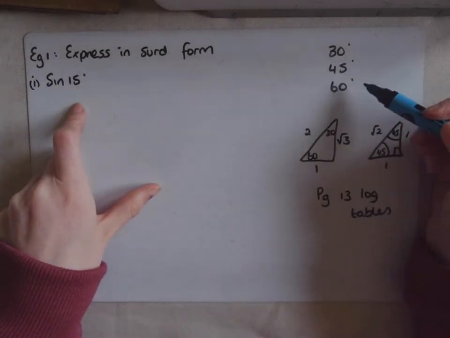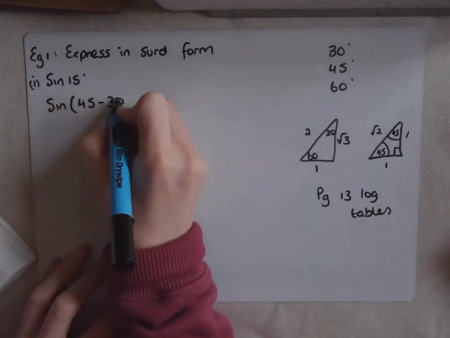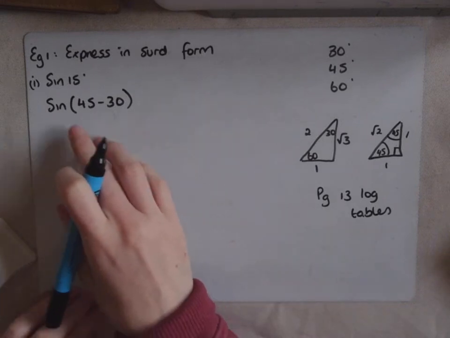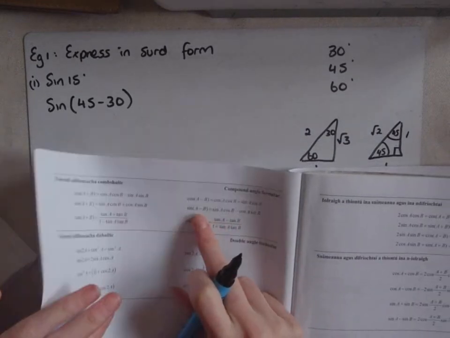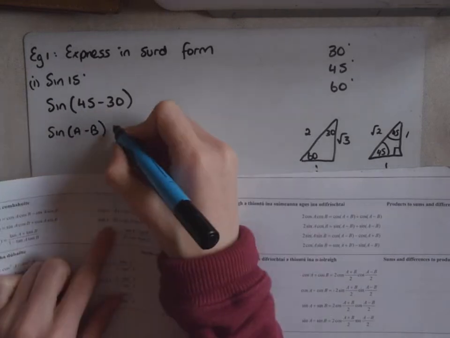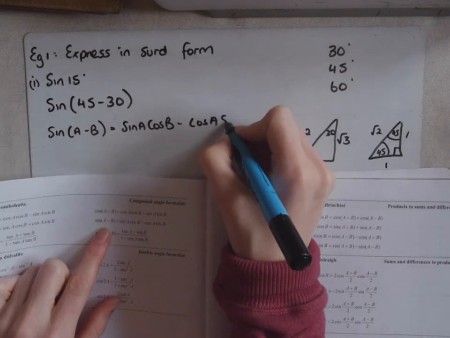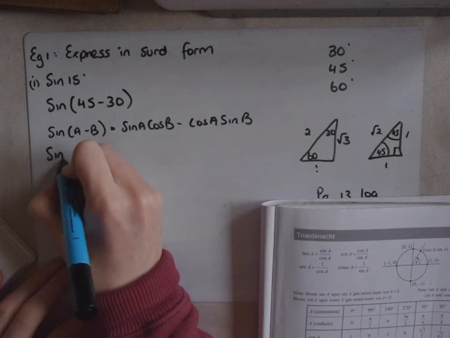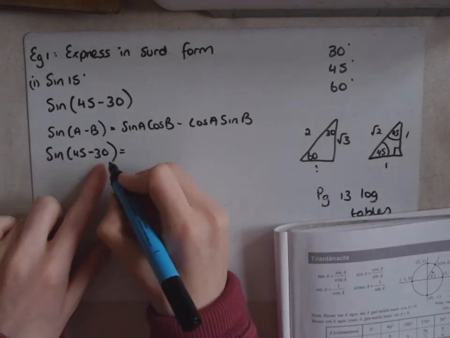So really I'm interested in sine of 45 minus 30, aren't I? Because that will give me my 15. Now, sine of A minus B. Go to your log tables, write out the formula for sine of A minus B: sine A cos B minus cos A sine B. So if I want sine of 45 minus 30, A is 45, B is 30.